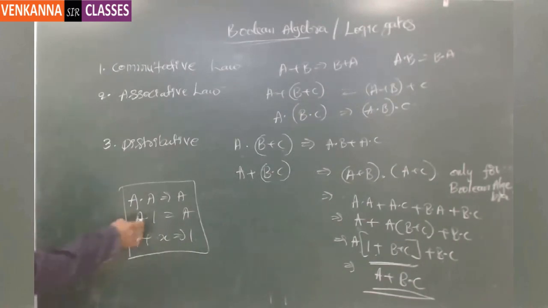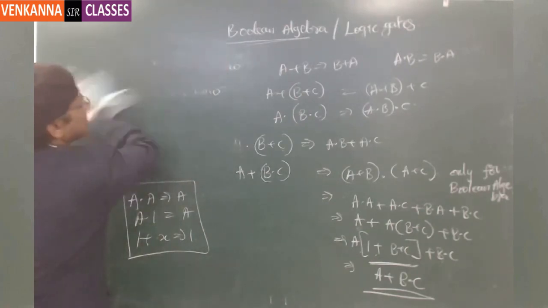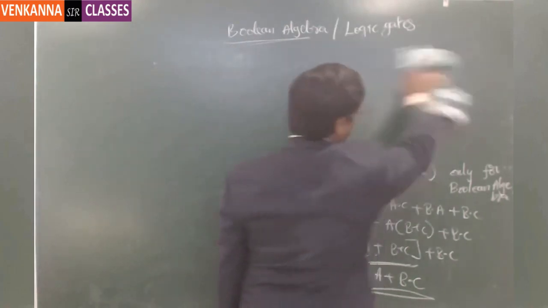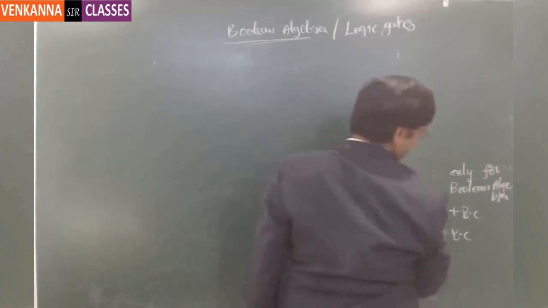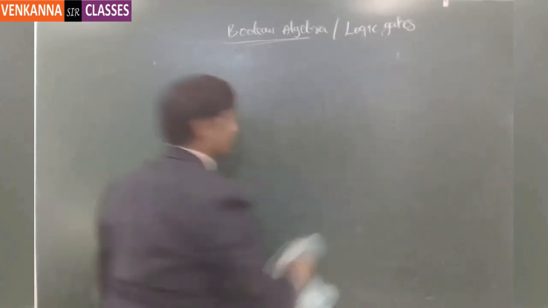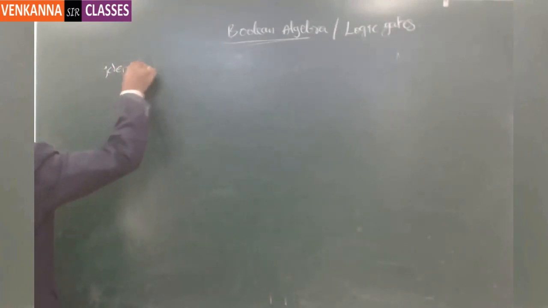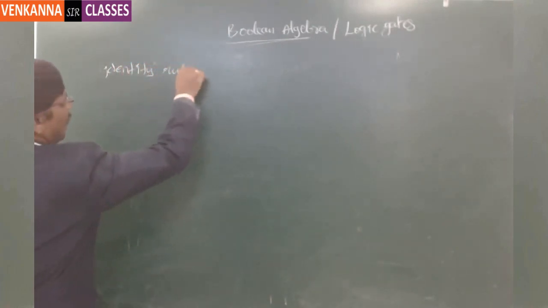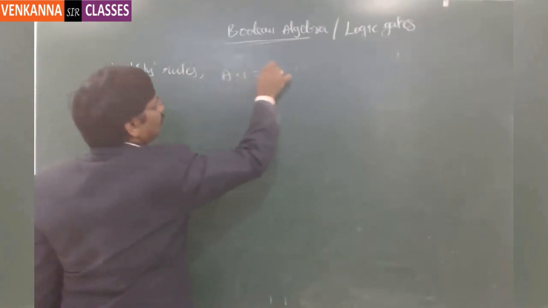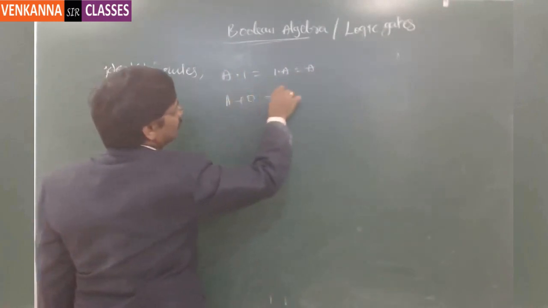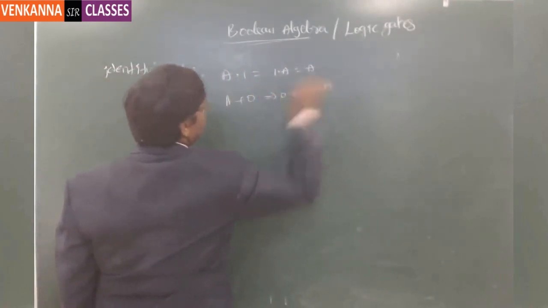So these are called the identity laws. I hope you noted down this. Identity rules: a dot 1 equal to 1 dot a is equal to a, and a plus 0 is equal to 0 plus a is equal to a.